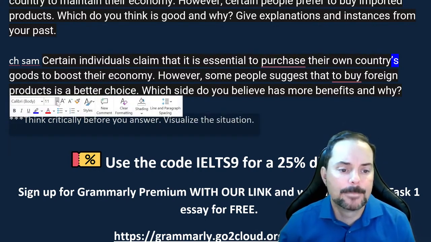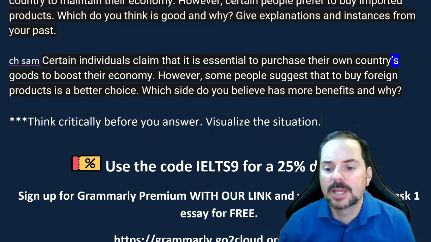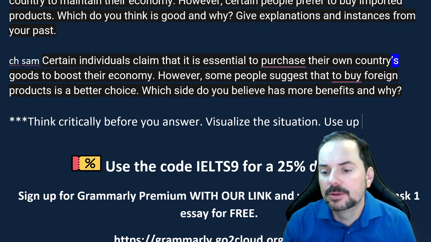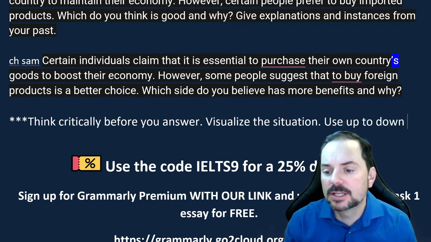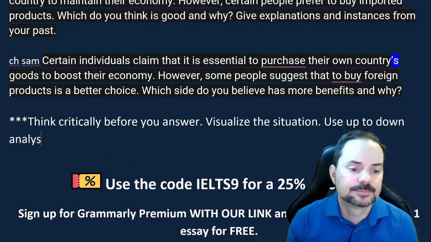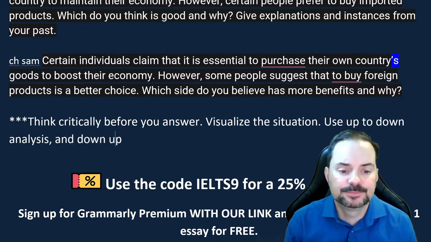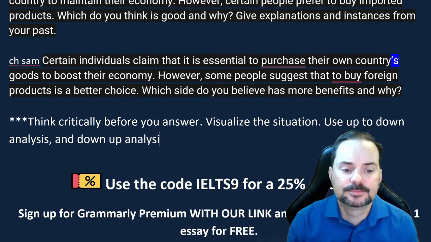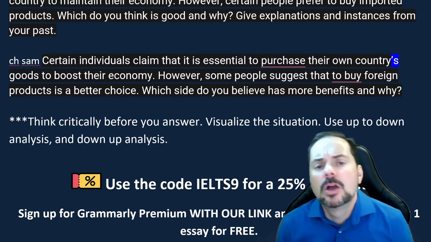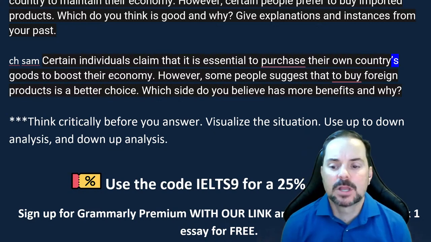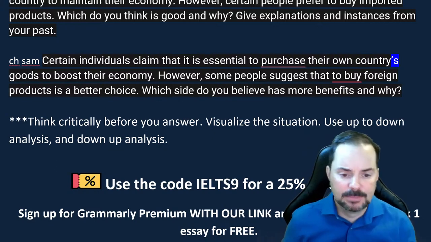All right, sure. Now, use up to down processing and down up processing or analysis. Okay, what do I mean by that? All right, what do I mean by up to down and down to up?